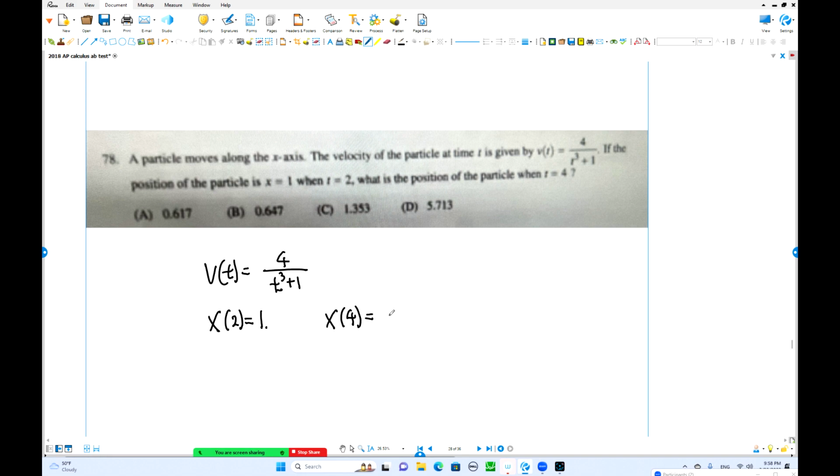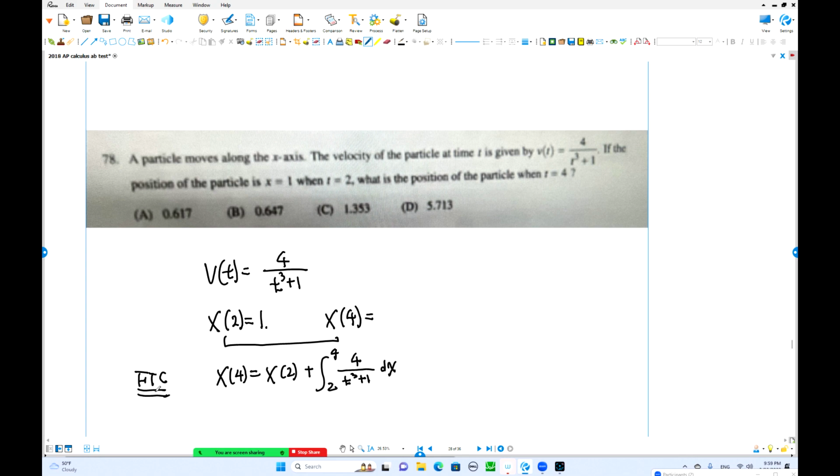This is also the fundamental theorem of calculus, right? The position at 4 equals the position at 2, but we take the total change between 2 and 4. This x prime is the velocity, 4 over t cubed plus 1 dt. That is the FTC. I remember this one? Yeah.